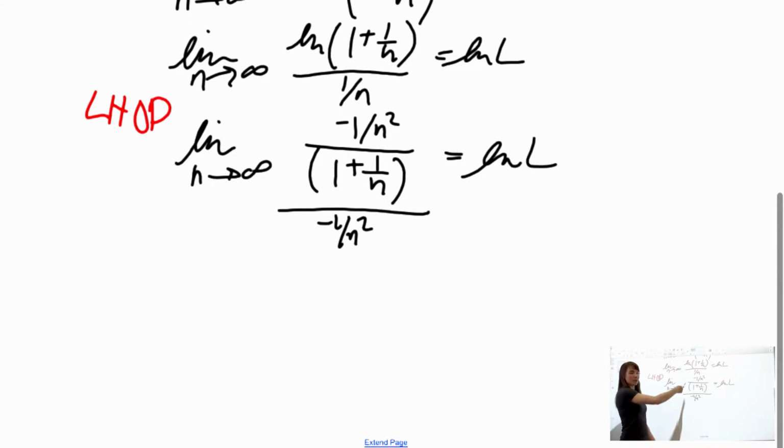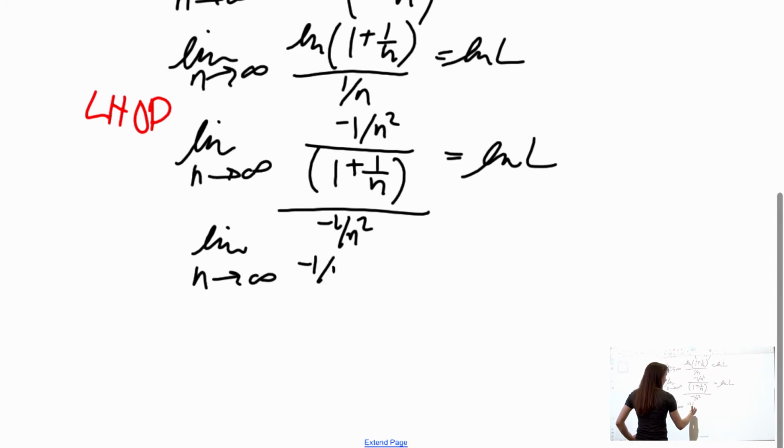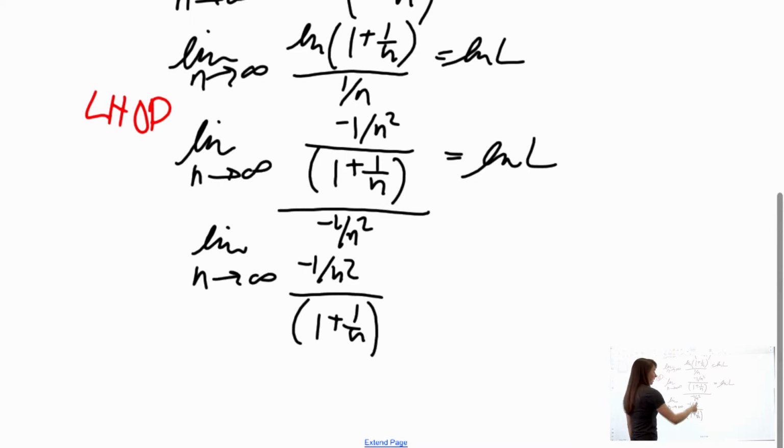So now we're just going to put this back on top. So we'll have the limit, and we have negative 1 over n squared over 1 plus 1 over n. And dividing by a fraction, you can flip and multiply. So this is going to be negative n squared over 1.